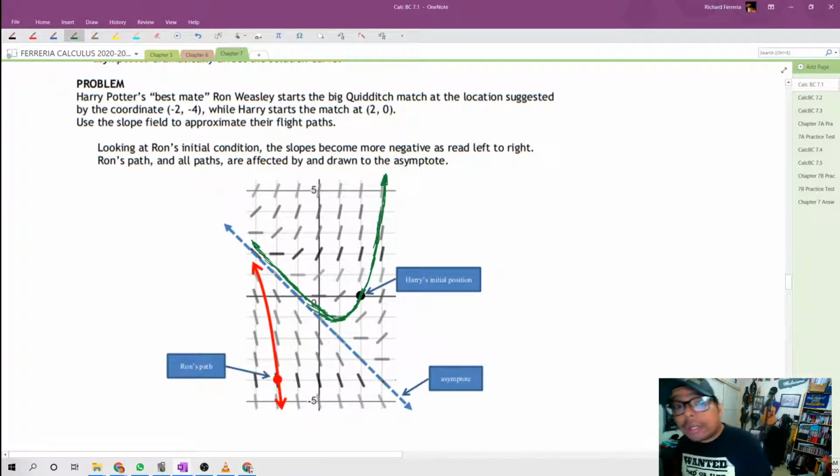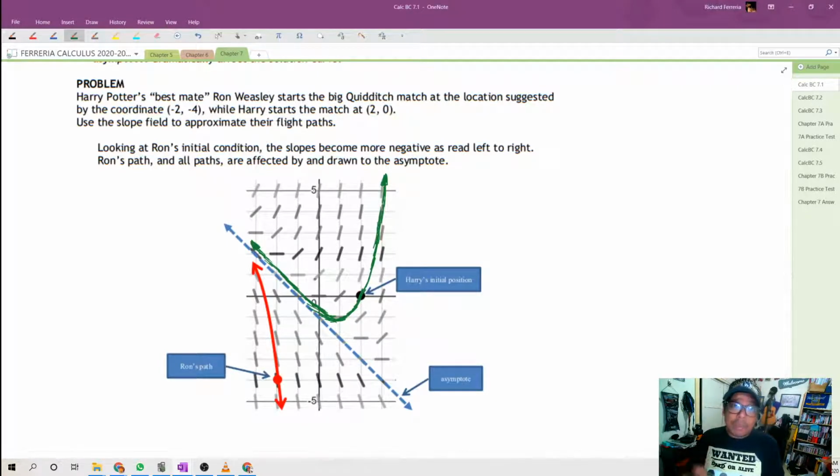We're matching the slope of the slope field at all of the points we're at, and we're keeping in mind that as we get close to the slant asymptote, we are bent along its path. So this is a pretty good looking curve.